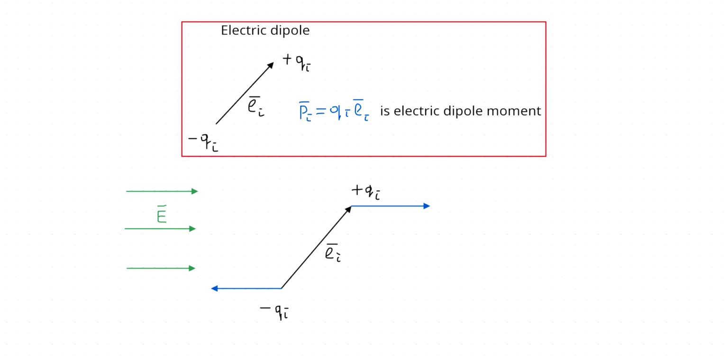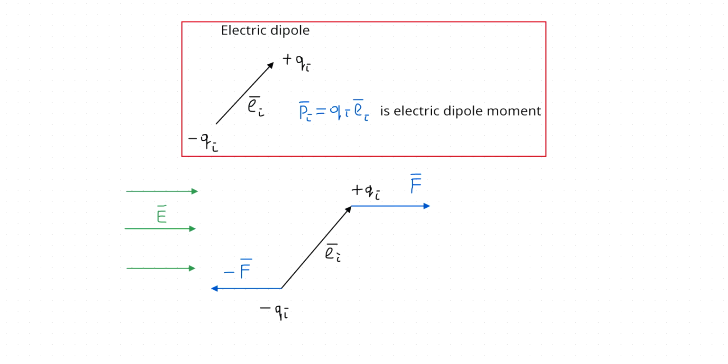So here we have some electrostatic force F, and here we have minus F. And as we can see, the electrostatic field tries to orient dipoles in the direction of the field.